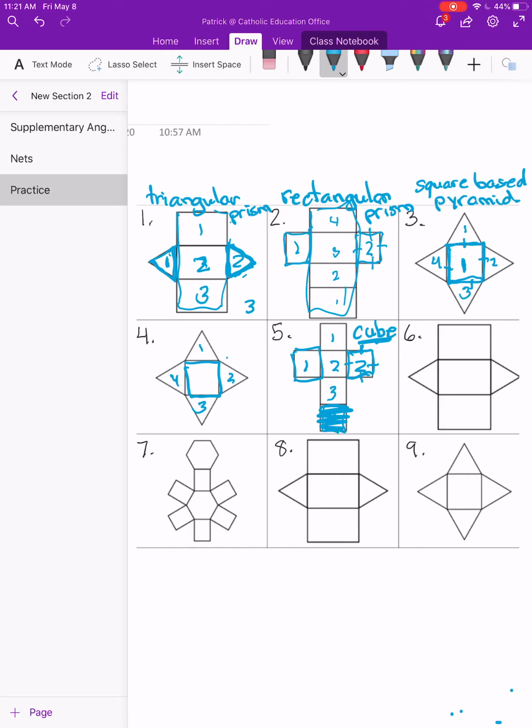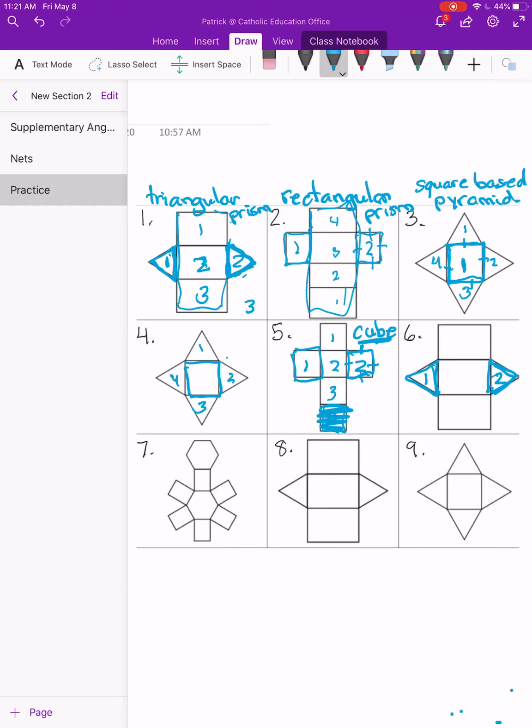All right, number 6. Here we go. What do we have? I have triangles and I have rectangles. But I only have 2 triangles, and I have 3 of the rectangles. So in this case, I have 2 of the same shapes. These are the bases, 2 triangles for bases.